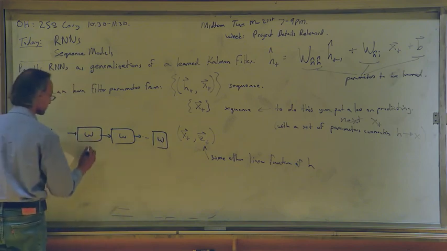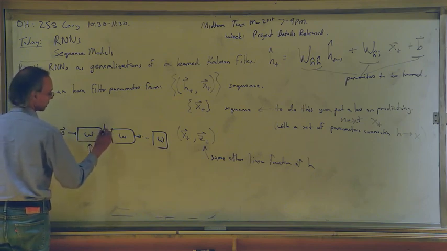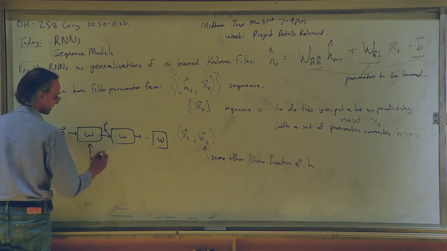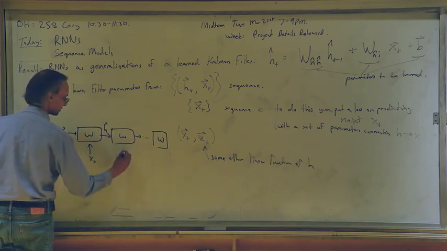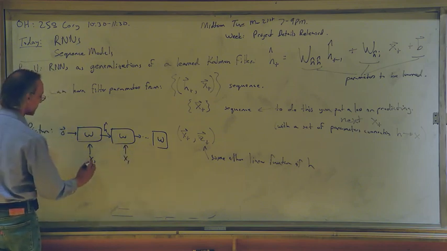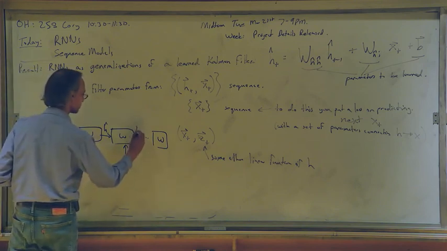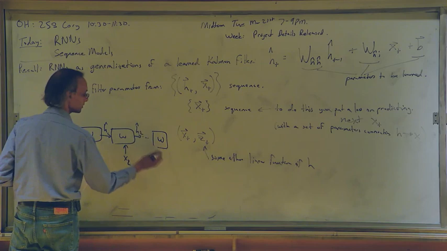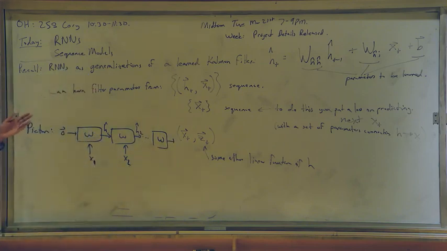You have your x's coming in. You can initialize at 0 for the hidden state. This is h1 hat. Matching my notation, I changed to x1, x2, and so on. That's how your RNN is set up.